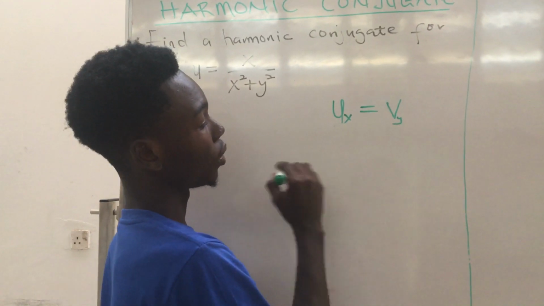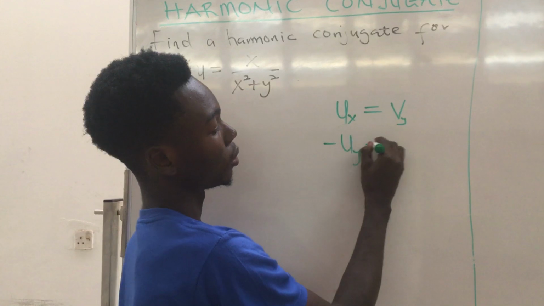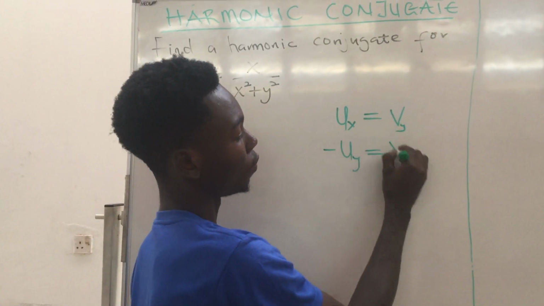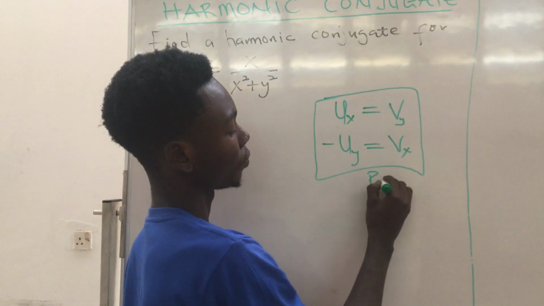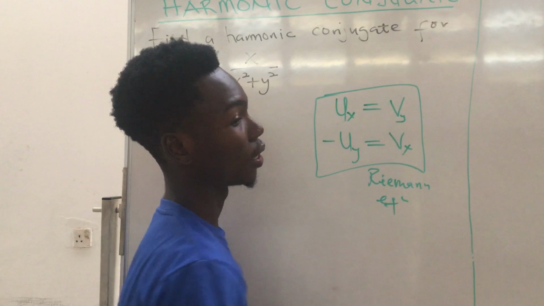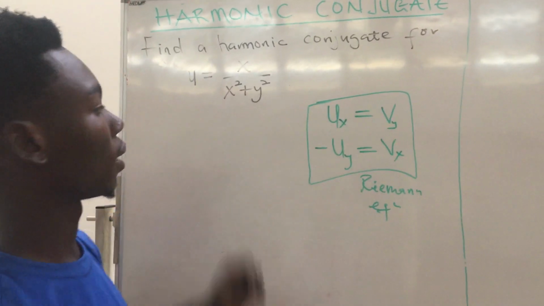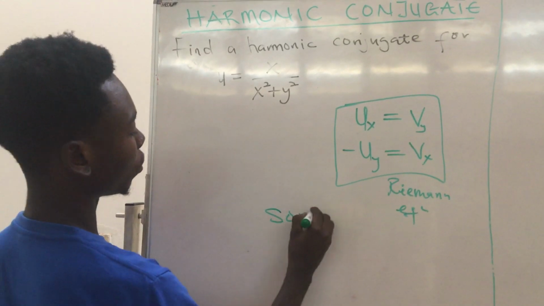They must be equal. Are you okay? And also the negative of u y must be equal to v x. These are the Riemann equations. Are you okay? So we are going to apply this here. So let's go straight to the solution.